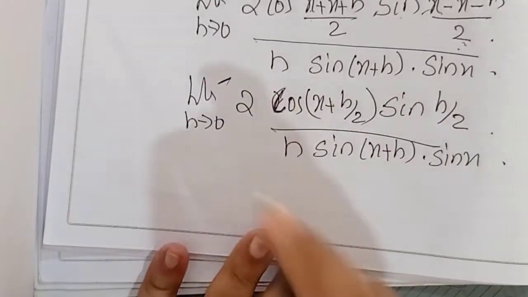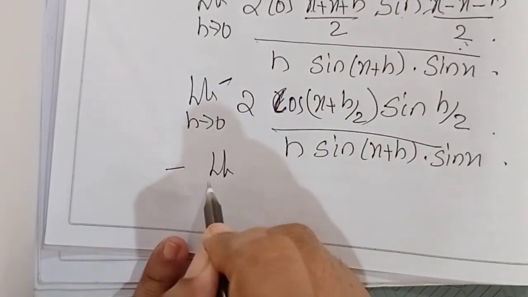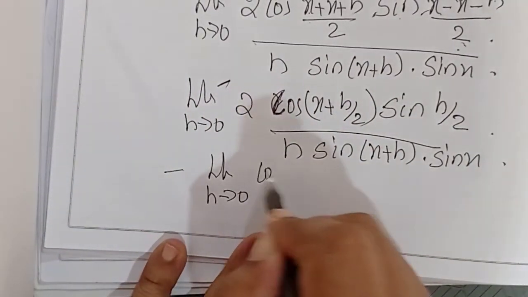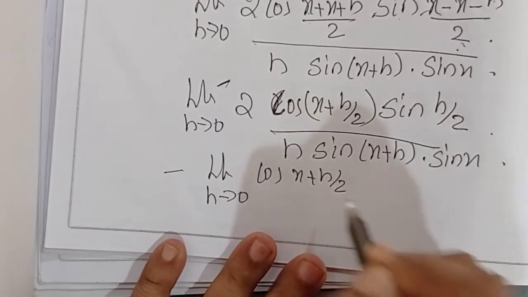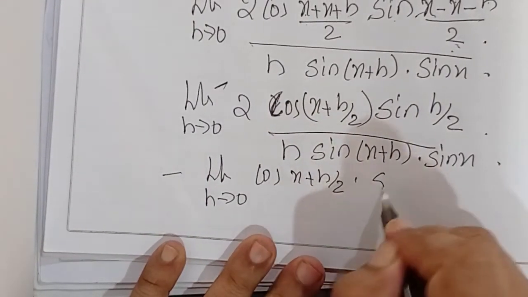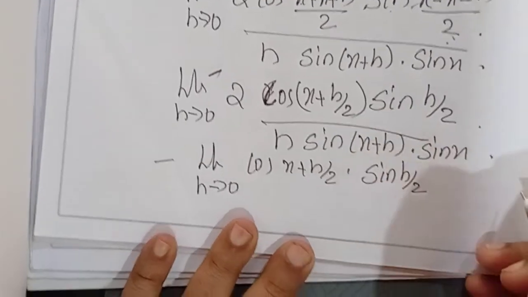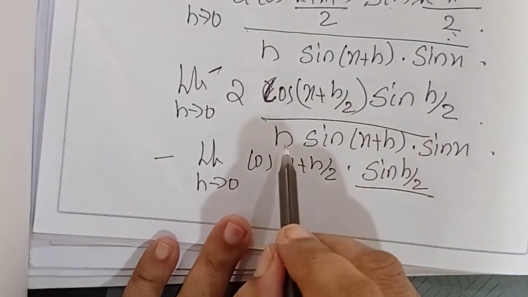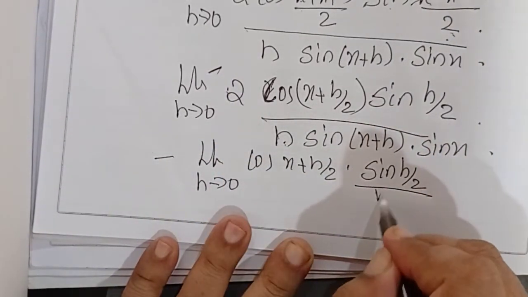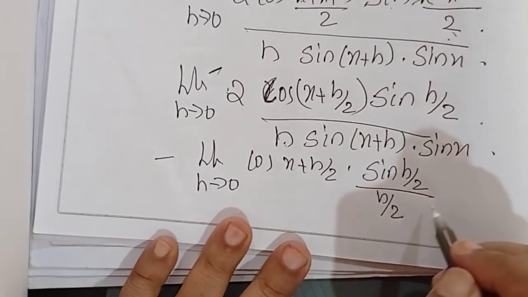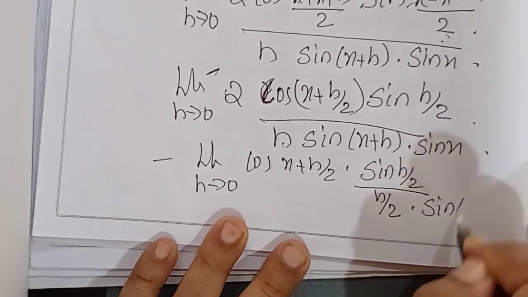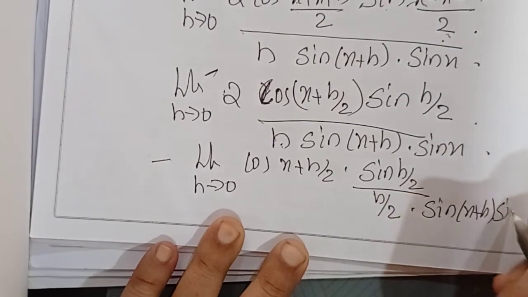Okay, minus is outside. Limit h tends to 0, cos((2x+h)/2) into this sin(h/2). The denominator of sin(h/2) is h by 2, into sin(x+h) into sin x.